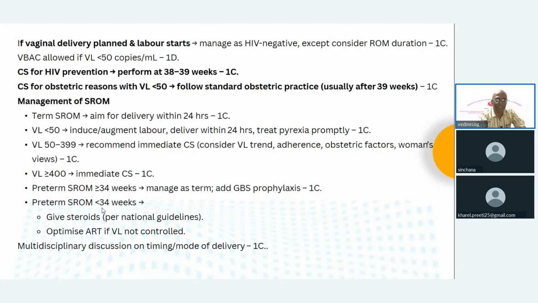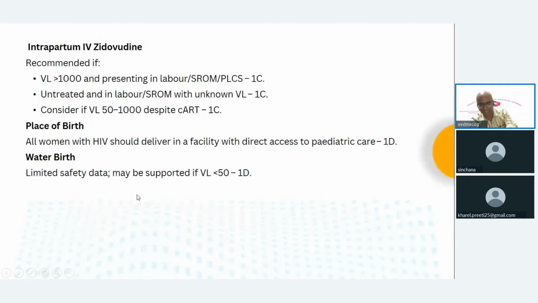Is it clear? SROM before 34 weeks, what the guideline says? Give steroids, optimize ART, carry out multidisciplinary discussion for timing and mode of the delivery. Okay. So here they are taking care of the prematurity. After 34 weeks, management will be same as a term SROM.